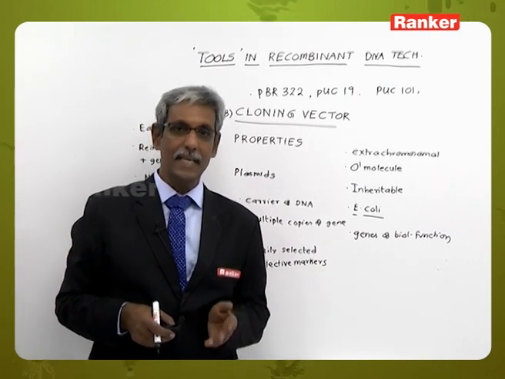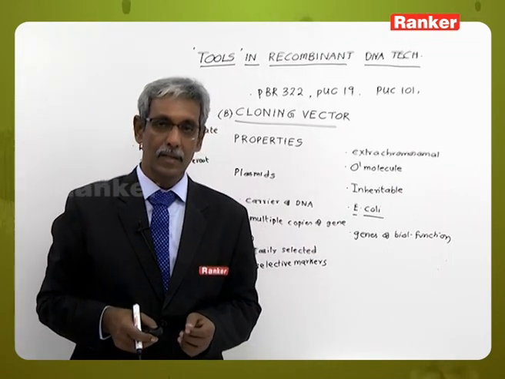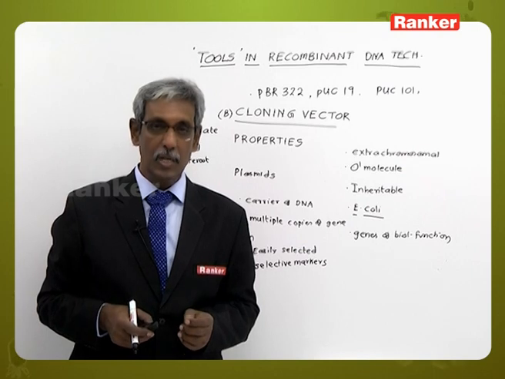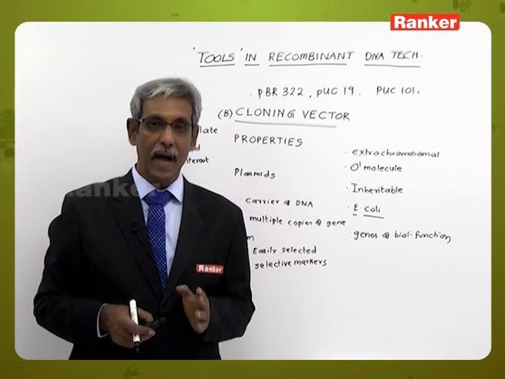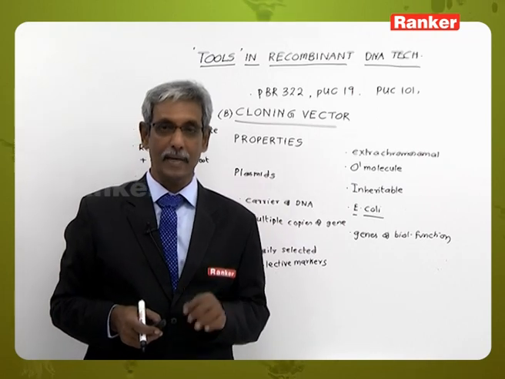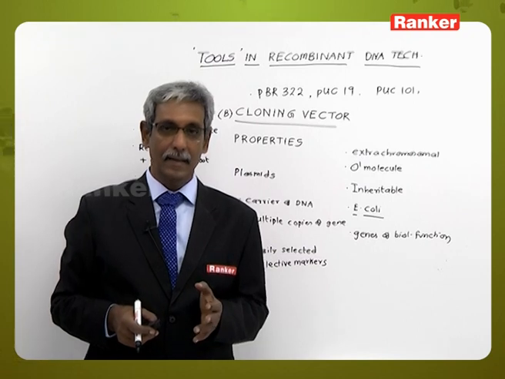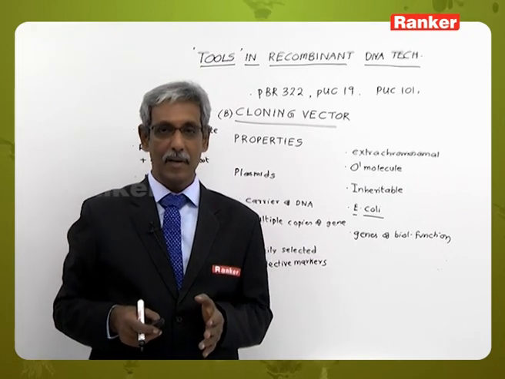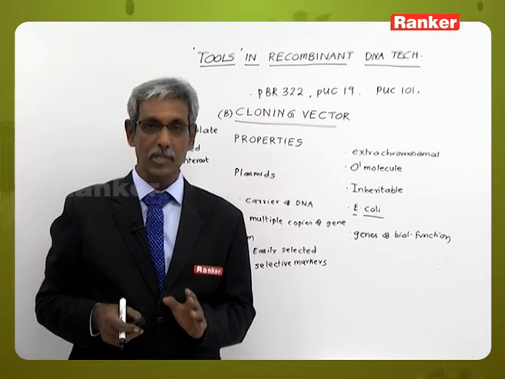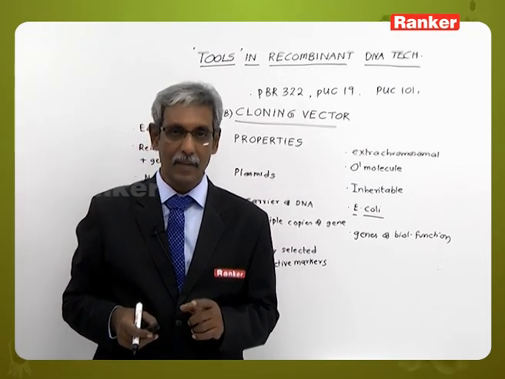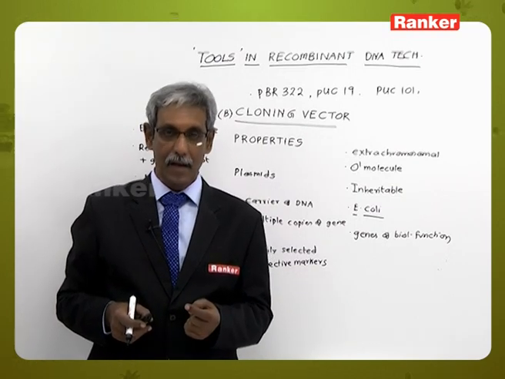Now, once the DNA is cleaved and the gene of interest is isolated, the gene of interest needs to be put into another molecule and transferred from one bacteria to another bacteria. And that's one of the places wherein we use a vector. A vector is the term used for a DNA which moves from one bacteria to another bacteria.